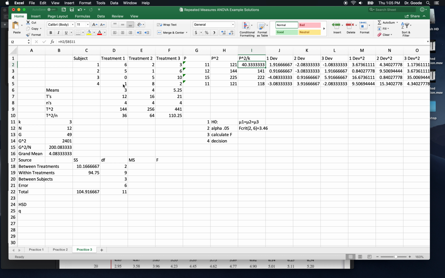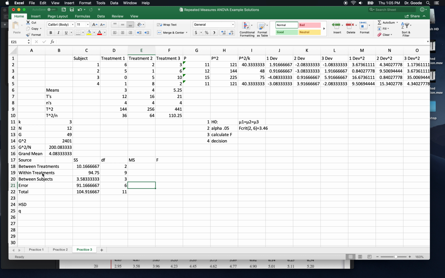Yep, trying to go a little too fast. There we go. That's where the error was. So now I can sum my p squared over k's minus g squared over big N. That's much better. Now I can get the error by subtracting within treatments minus between subjects. You subtract subjects from treatments to get error.